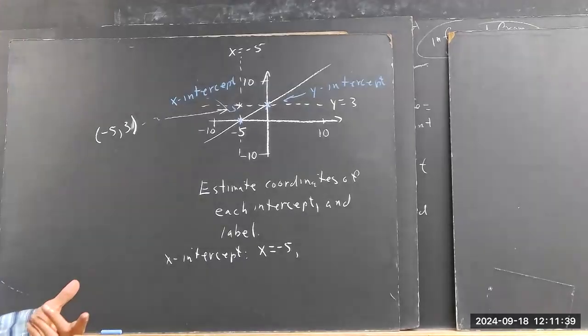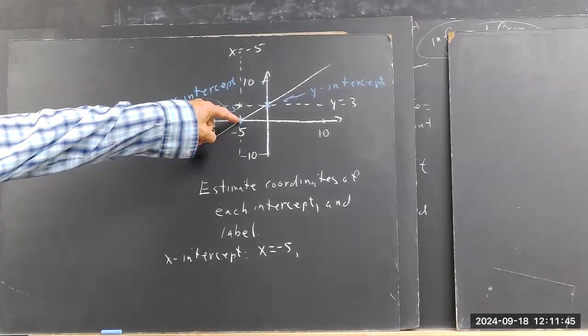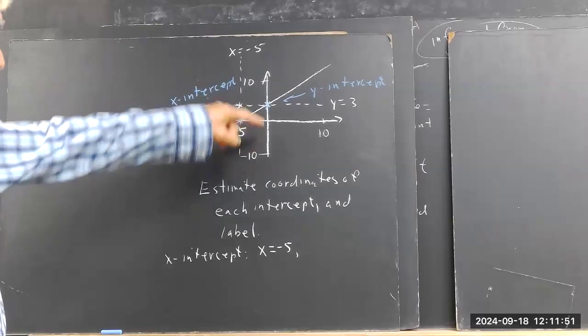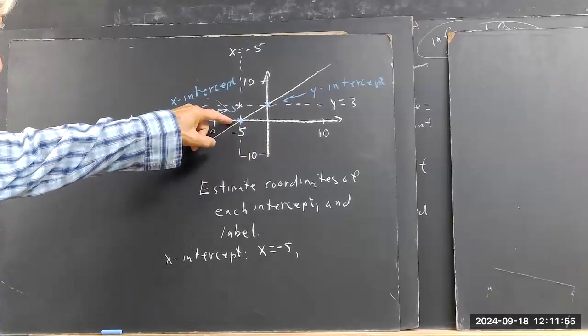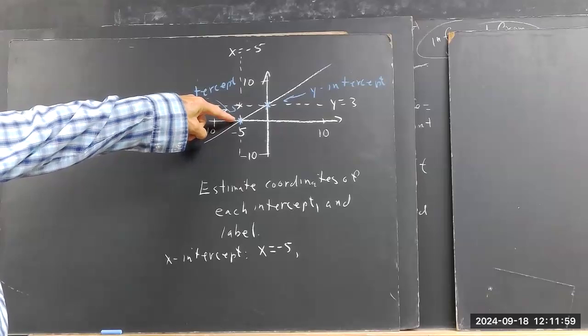What's y equal at this point? That's x is -5. y equals -5 would be down here, right? And the y coordinate at this point is not 3 either.